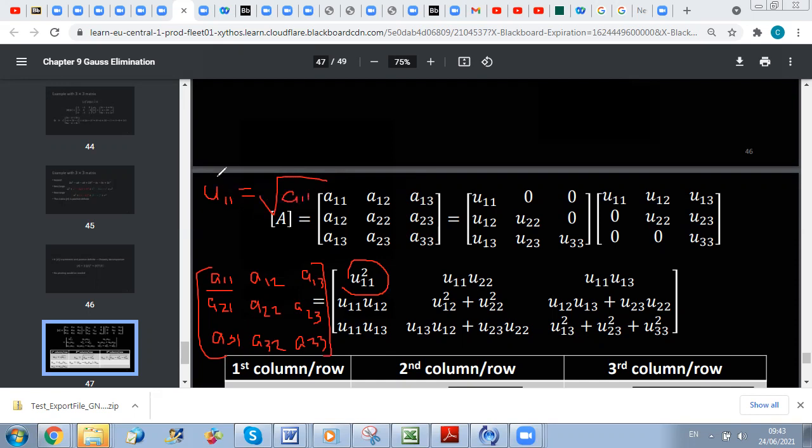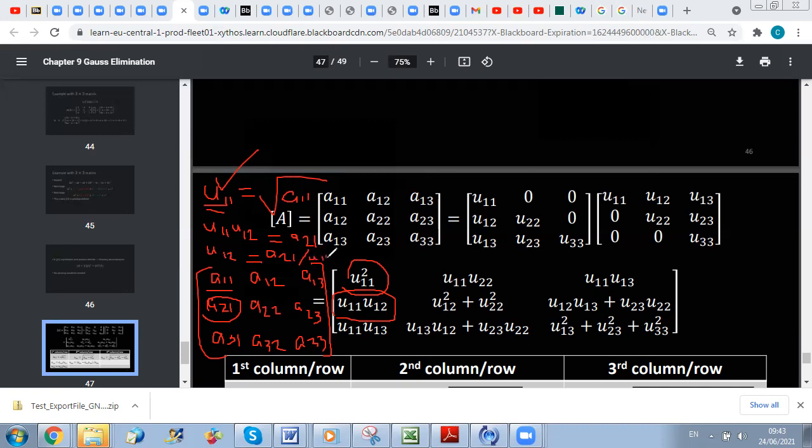Now you know U11, you can proceed to get U12, because now you will say that U11, U12 is equal now to this factor, which is A21. Okay, and already I calculated U11. So you can say now that U12 is A21 over U11.